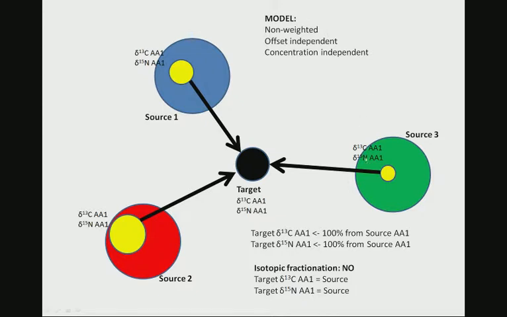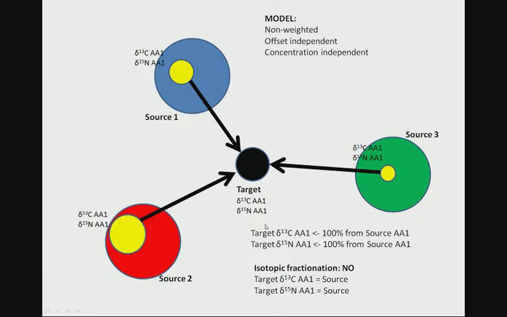Now let's assume that between the isotopic proxy measured in the target, so your delta C13 amino acid 1 and delta N15 amino acid 1, there is no isotopic fractionation, so it would give you the same signal as the source. In this case, this is an offset independent model. Finally, let's assume that this amino acid in your source fully determines the signal in your target.